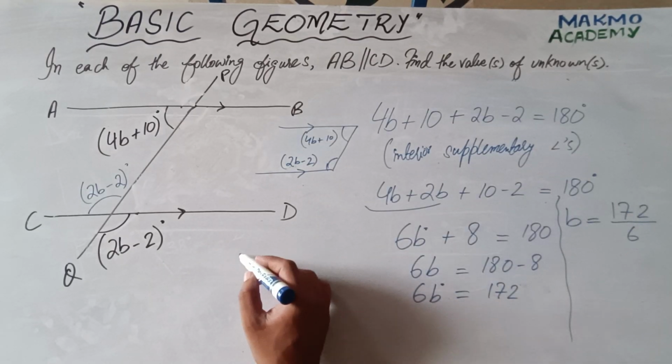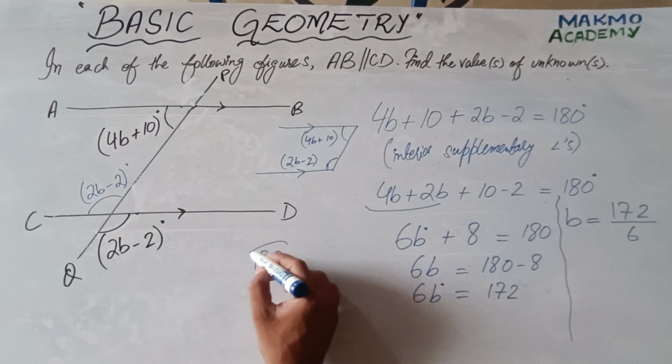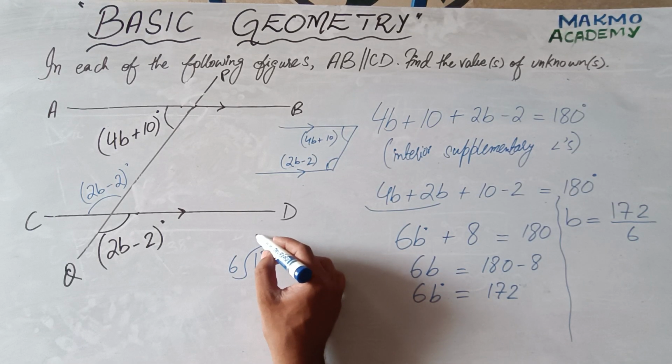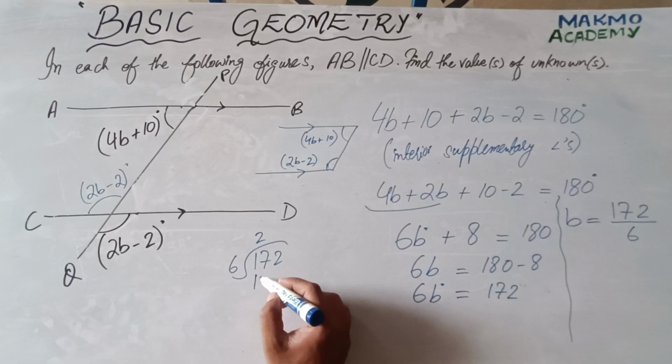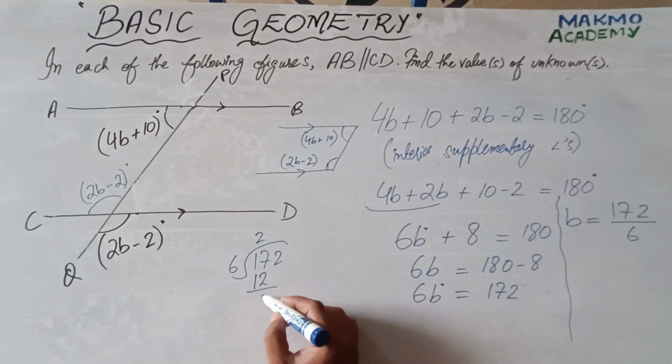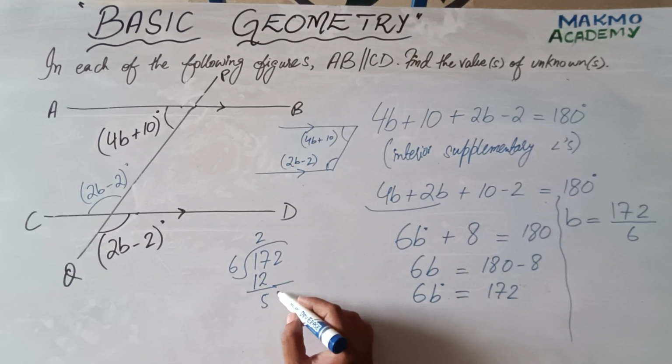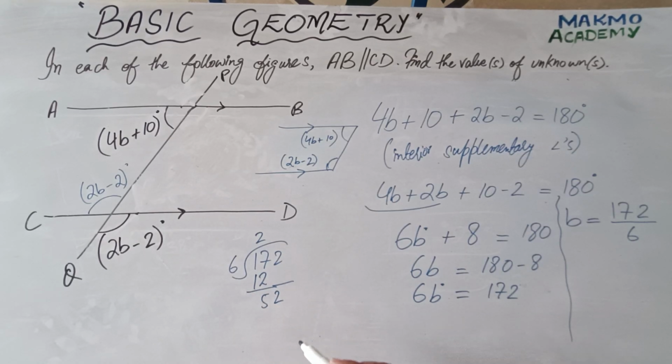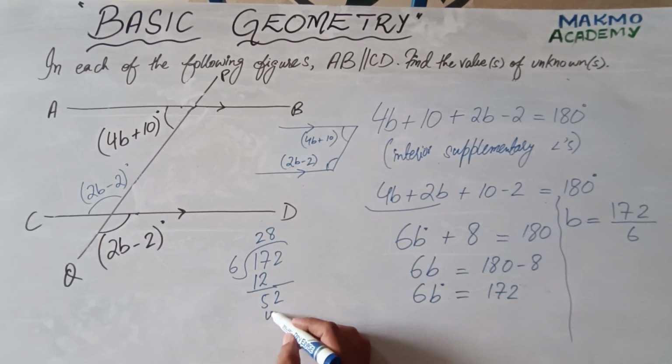So when 172 is divided by 6, 6 twos are 12. We are left with 5, and this will give us 2. Now 6 eights are 48. We are left with 4.